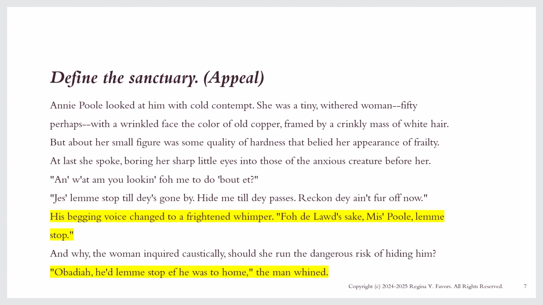He knows that he could change his voice into a frightened whimper and continue to beg her, tearing down her emotional defenses, and then appeal to her one more time using her own son. Whining for him is a type of sanctuary.